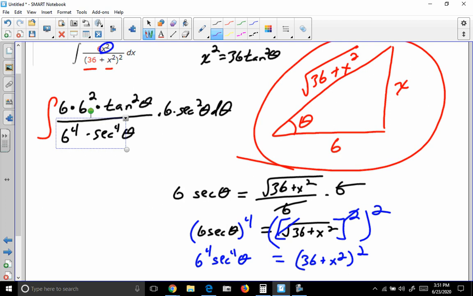That's a lot of stuff to substitute for. But we knew x, so we could get x squared. We also could get dx. We knew this radical, so we could get that in terms of our triangle.